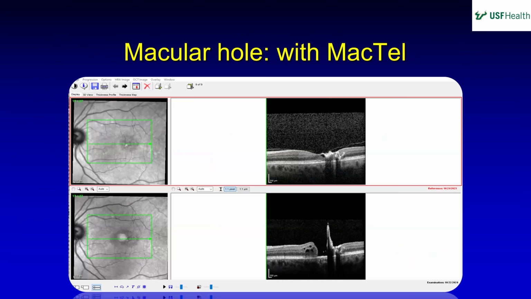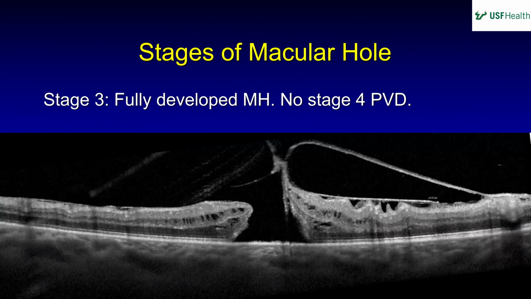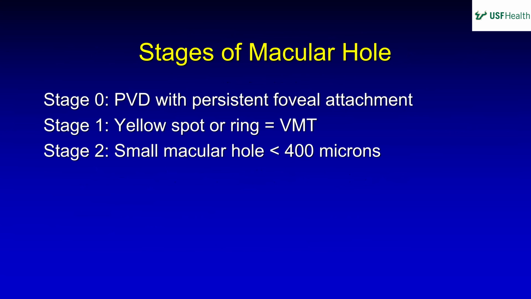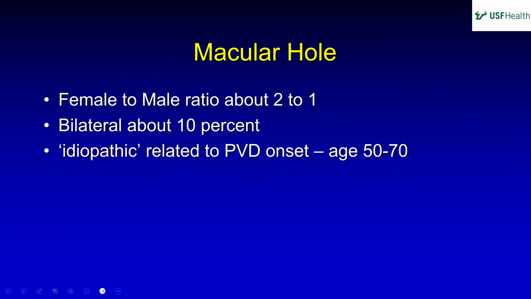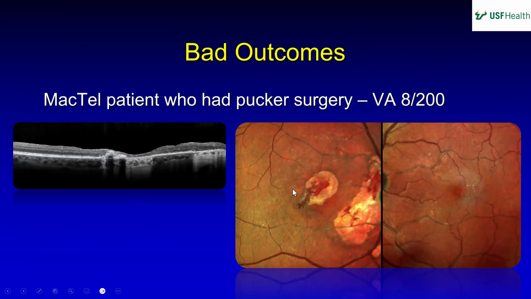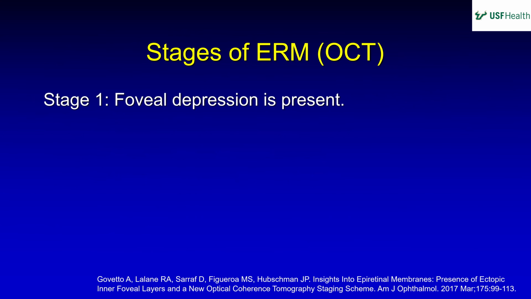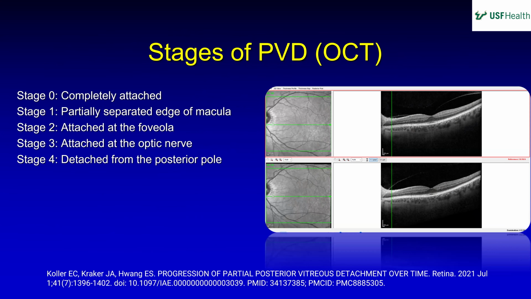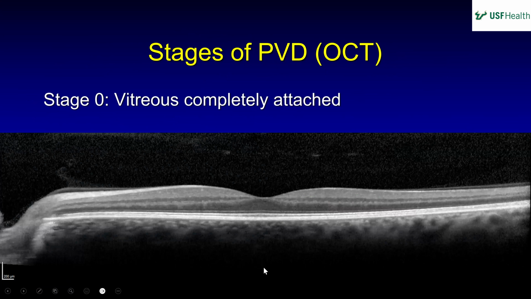But sometimes it doesn't. If you look at the initial one here, the stage 0, that's the premacular bursa.